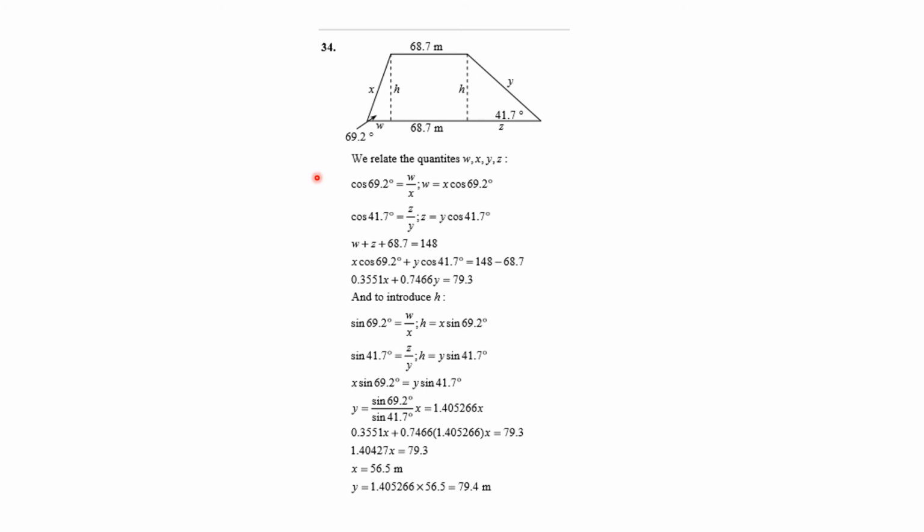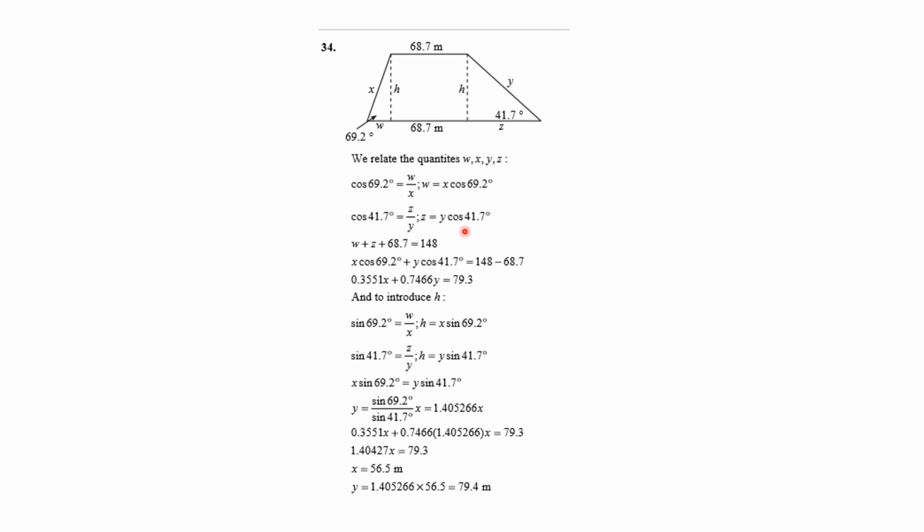And that means w is equal to x times the cosine of 69.2. The cosine of the 41.7 angle is going to be the adjacent over the hypotenuse, and that is going to be z over y, and so z is equal to y times cosine of 41.7.